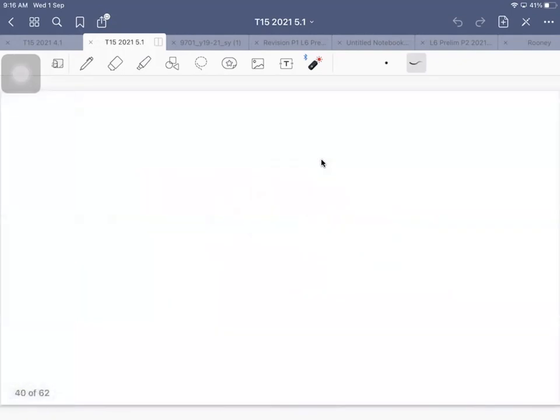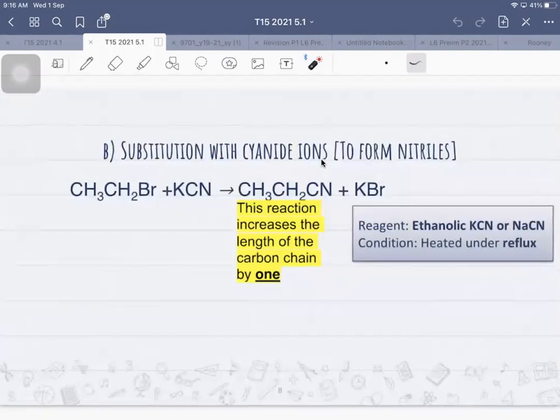The next one that I want to look at is the substitution with cyanide ions, okay? So cyanide ions is supplied in the form of potassium cyanide or sodium cyanide. So this is the structure of a cyanide ion, a carbon with a triple bond with nitrogen, and the lone pair comes from the carbon.